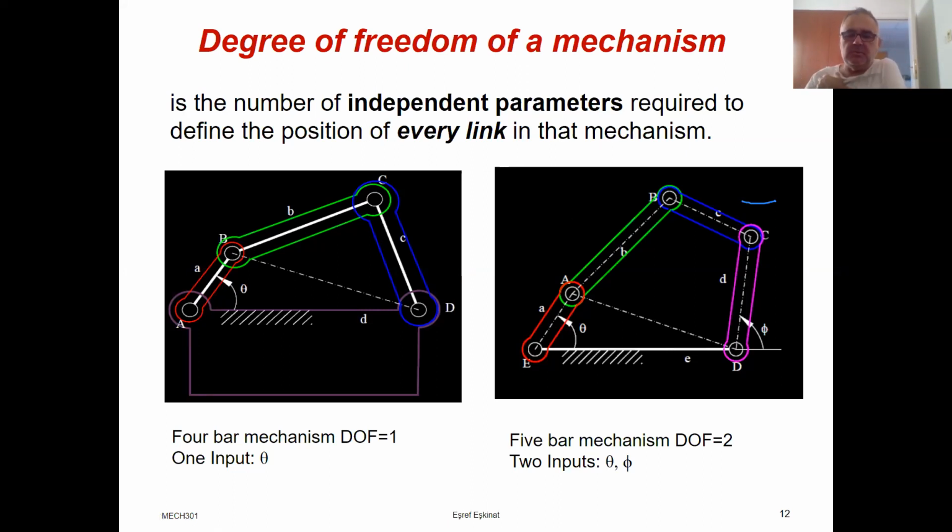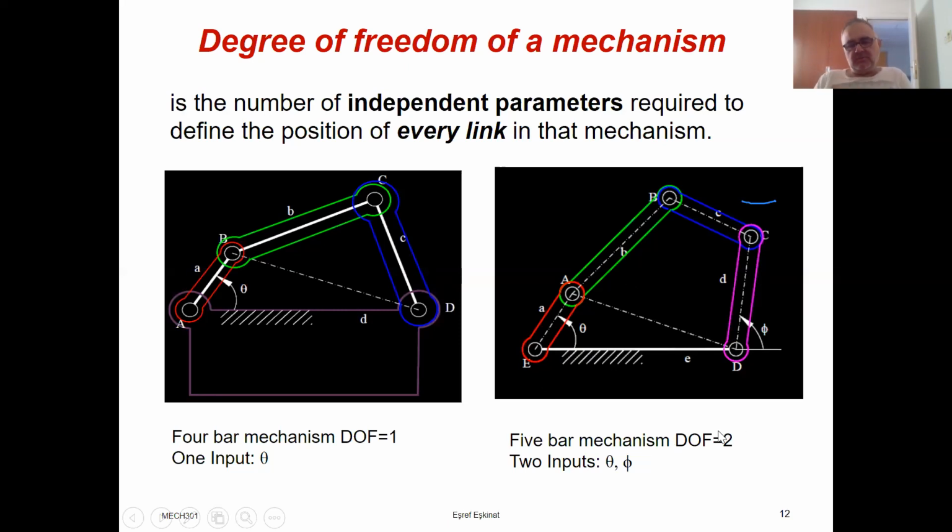So in order to have this mechanism moving, you just need one motor to have it operating. Whereas if you have a 5-bar mechanism, you need 2 parameters, 2 motors at E and D if you like. So that has a degree of freedom of 2.